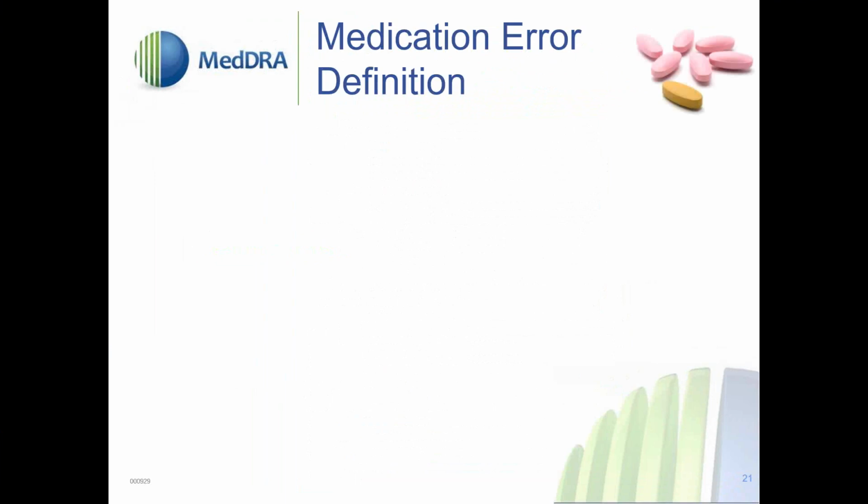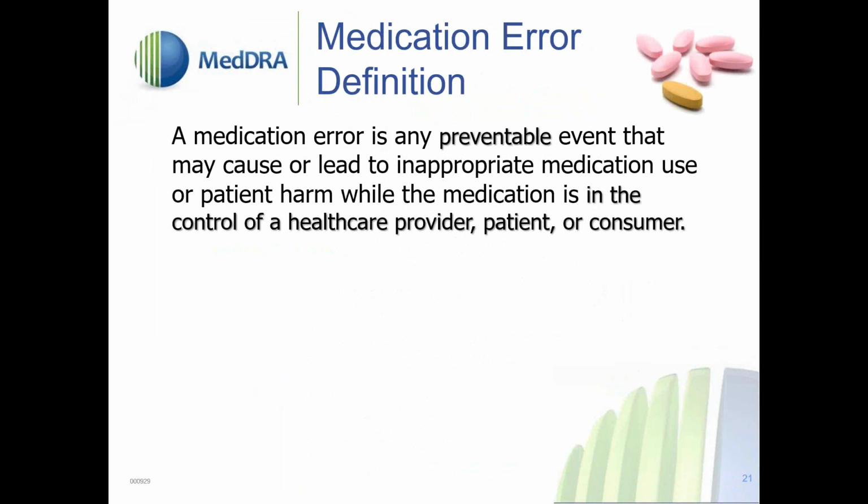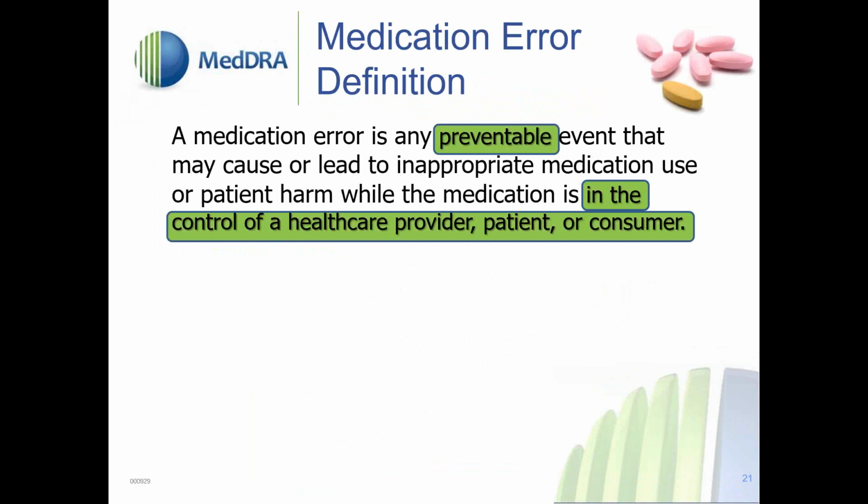Here is the definition of the term medication error. A medication error is any preventable event that may result in the improper use of medication or harm to the patient, while the medication is under the control of those involved in the medication process, meaning physicians, pharmacists, nurses, patients, consumers, or their families.